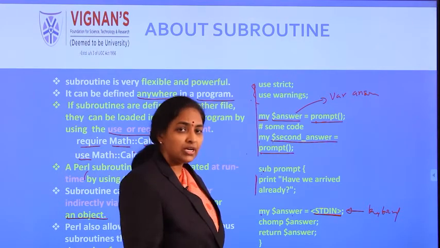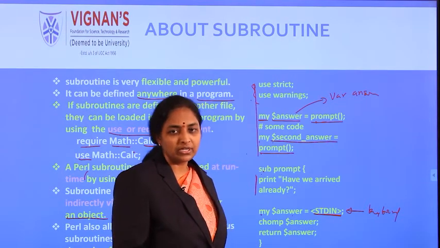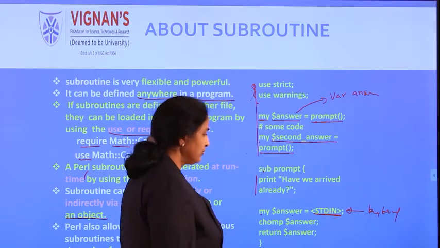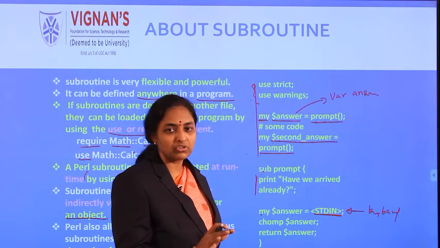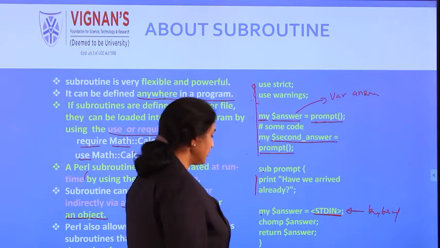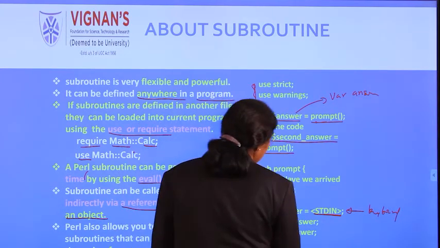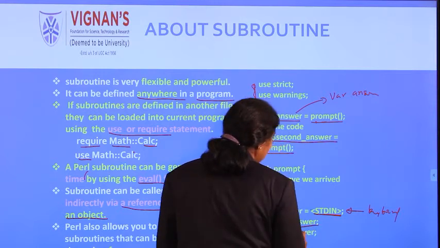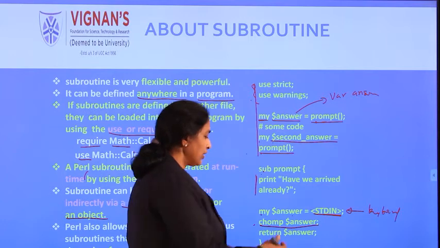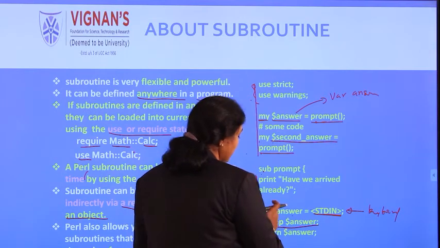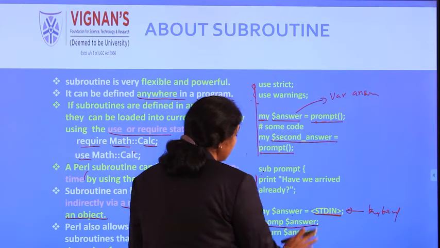That should not be part of the string, so we have to eliminate it. The slash n will be eliminated with the help of the chomp function. After that, removing the newline, we are returning the answer.